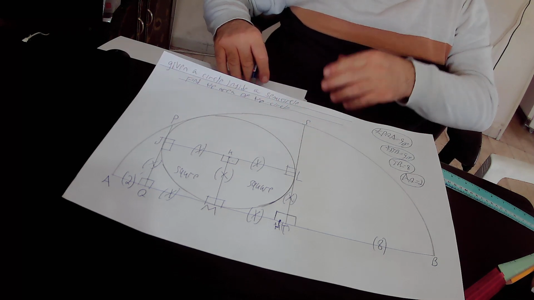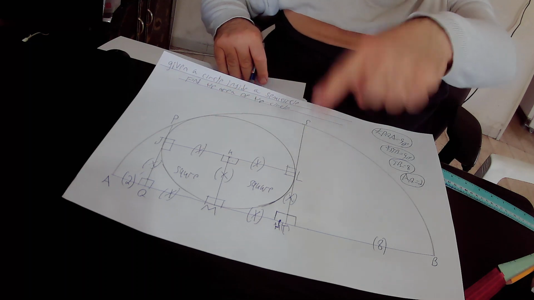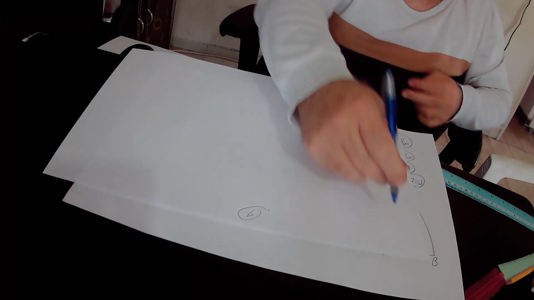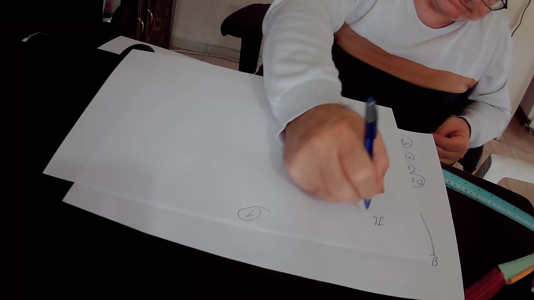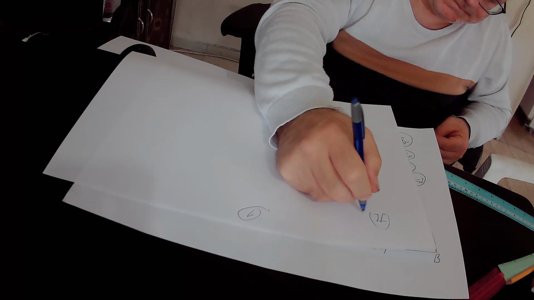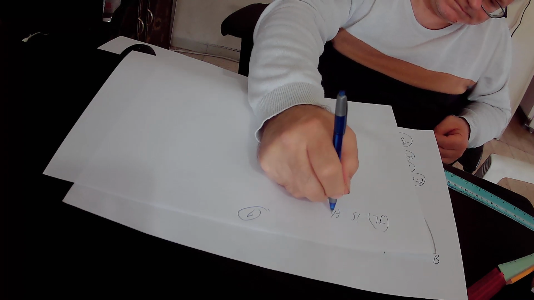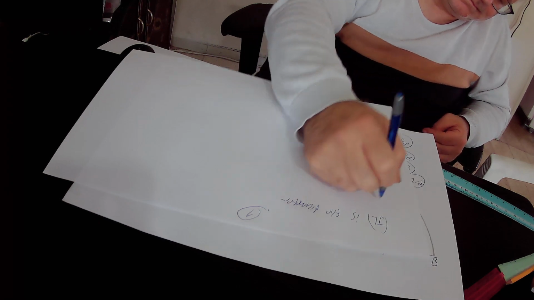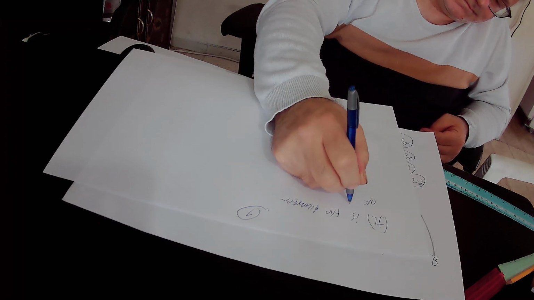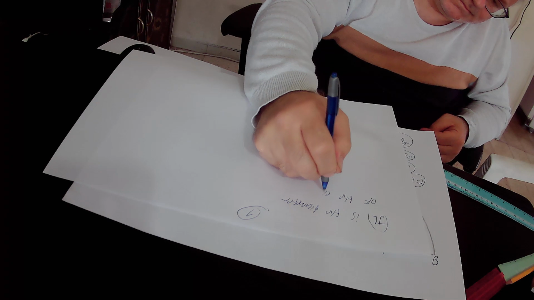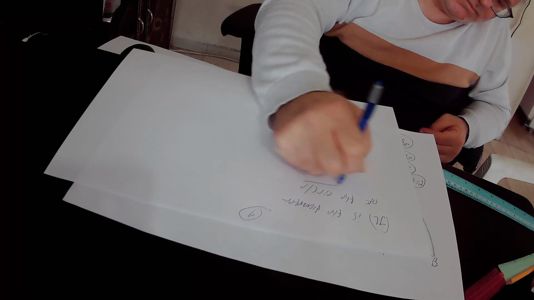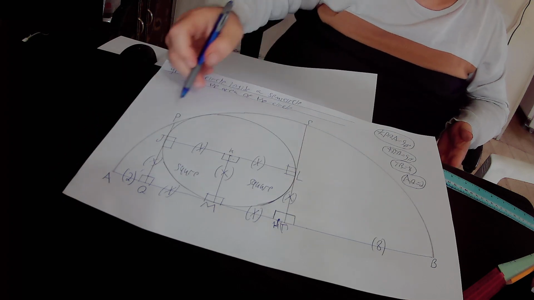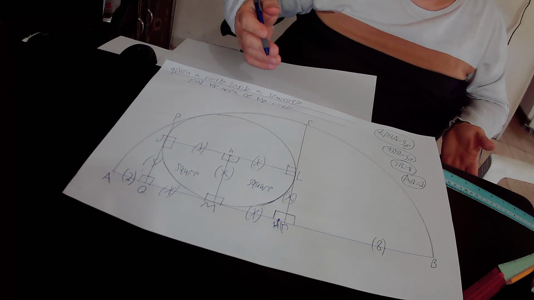So I write it down: we found out that JL is the diameter of the circle. Anyway, JL as a diameter is absolutely a straight line.